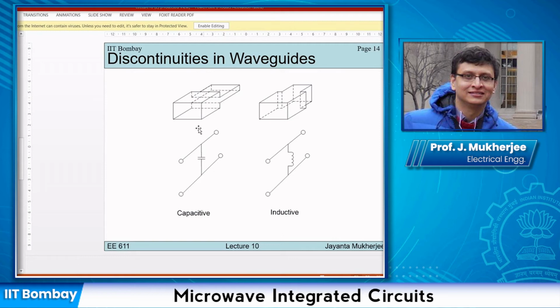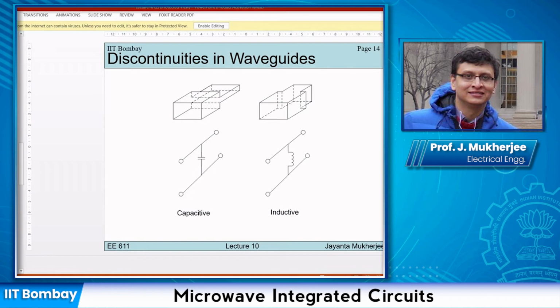So one way to achieve the discontinuity is by this method. Here we have two waveguide sections connected like this, and the equivalent model can be shown to be like this. Similarly, if we have two waveguides connected like this, then we can also show that the equivalent model is like this.